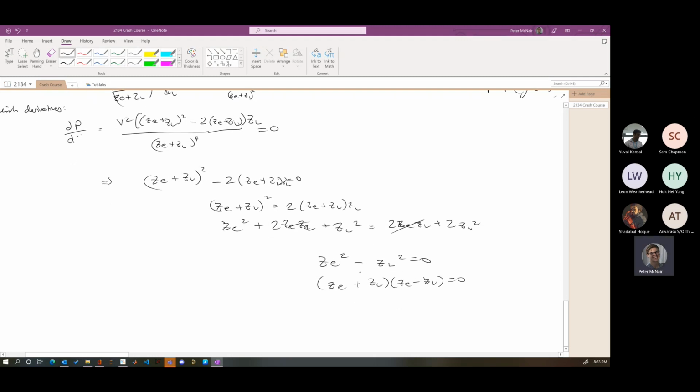And what these tell us is that ZL has to be the complex conjugate of ZE in order to satisfy this equation. And that's sort of all we need to show in order to make this question work.